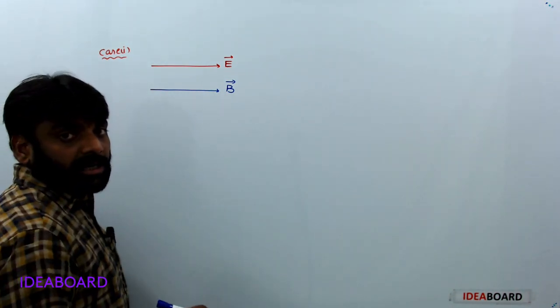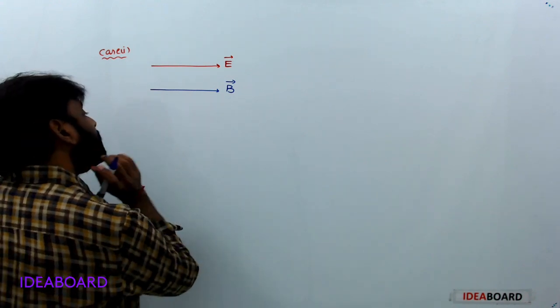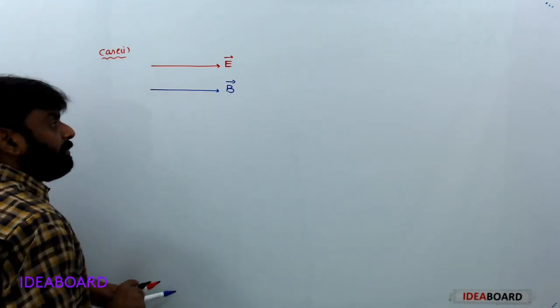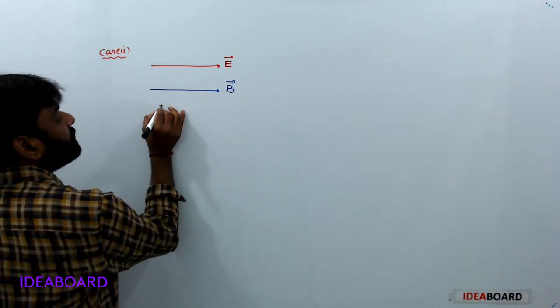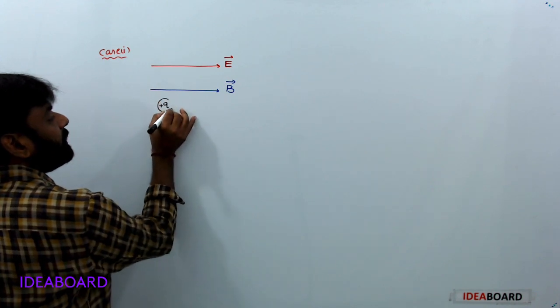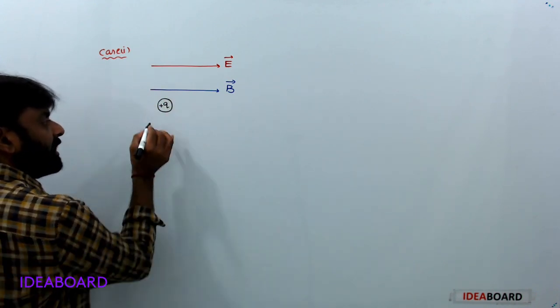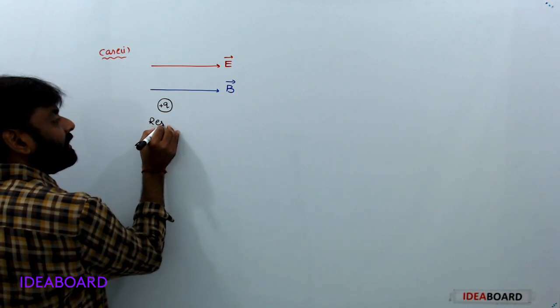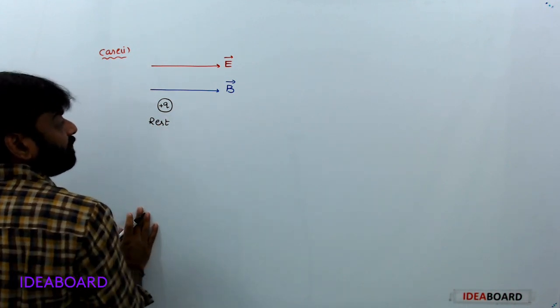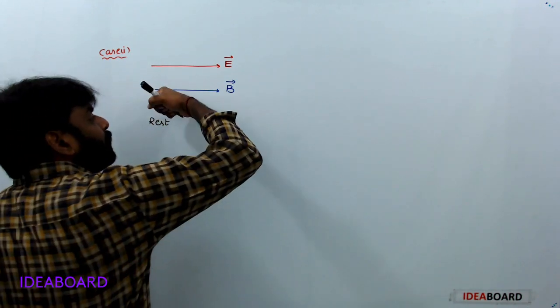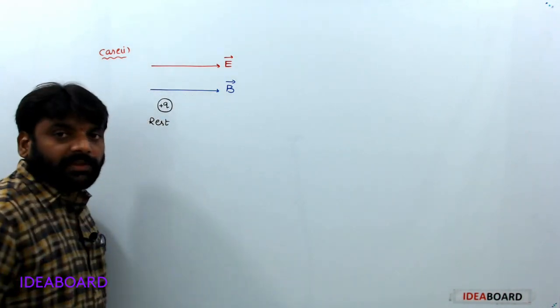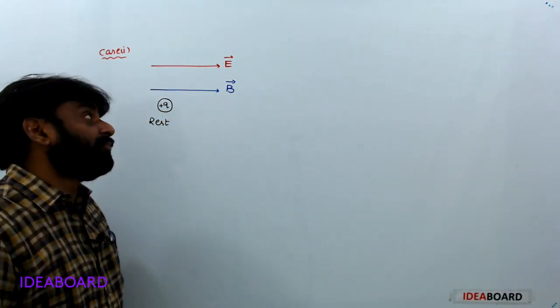Now one charged particle Q is initially at rest. It is pulled by the electric field.